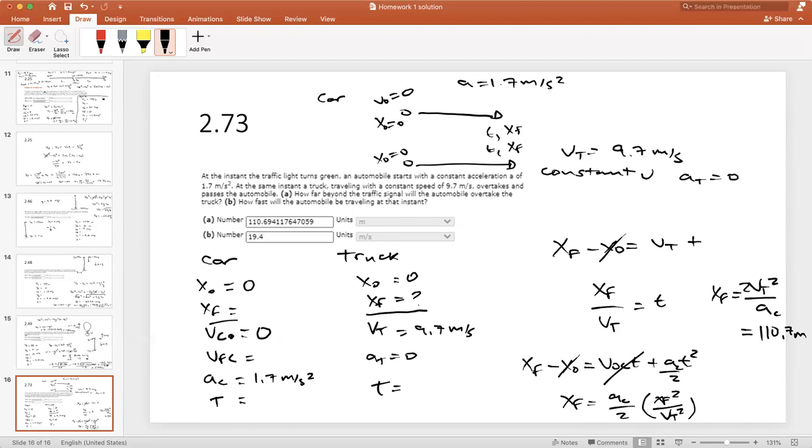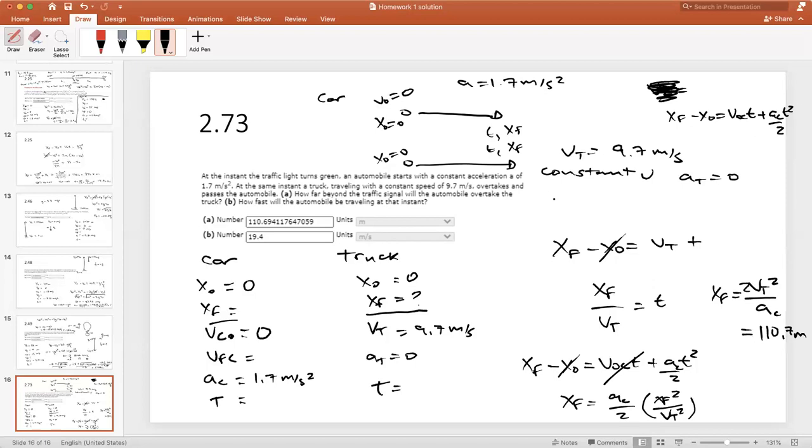Now I can find the time using the car equation, X final minus X initial is V naught of the car times T plus A of the car T squared over 2. I know what all this is now, and if I plug that in, I can find time. But I'm not asked for time. I'm asked for V final of the car.